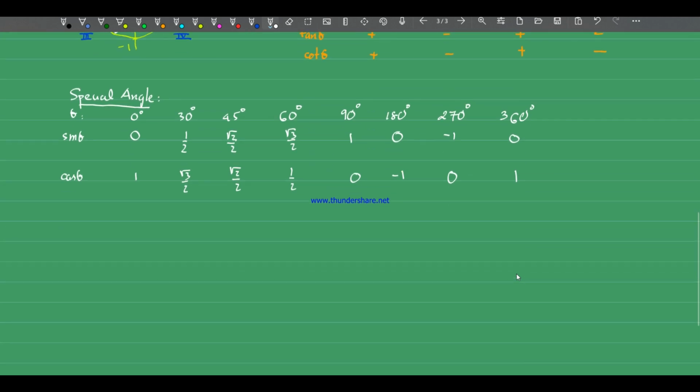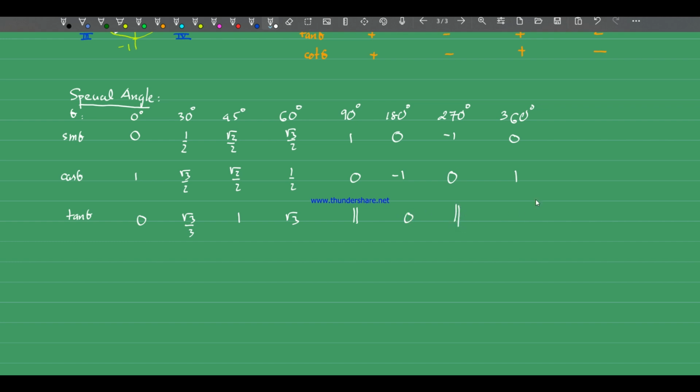Okay. And tangent and cotangent are very simple, because tangent is sine over cosine. You just set up the ratio between these values here. So it gives you 0, then square root 3 over 3, then 1, then square root 3. Then it gives you undefined, because 1 divided by 0 is undefined. This will give you 0.